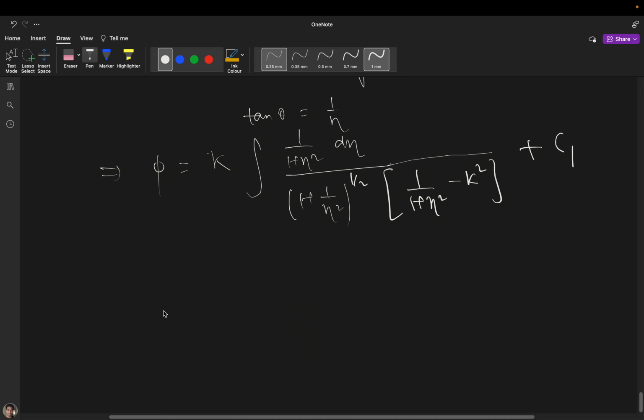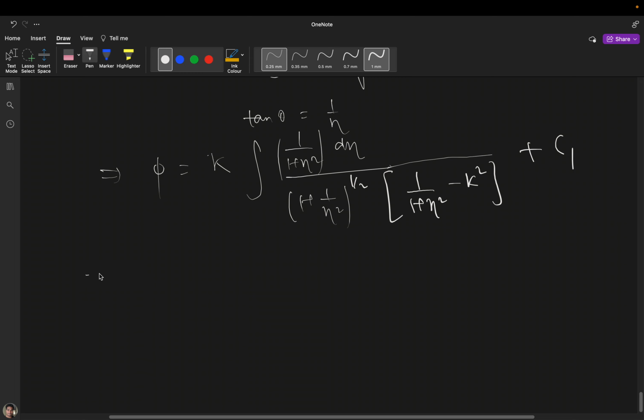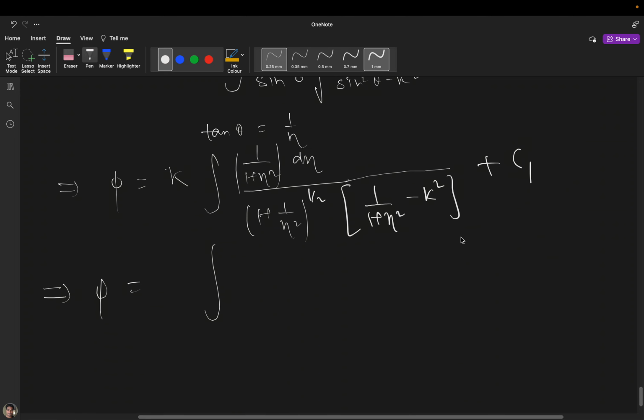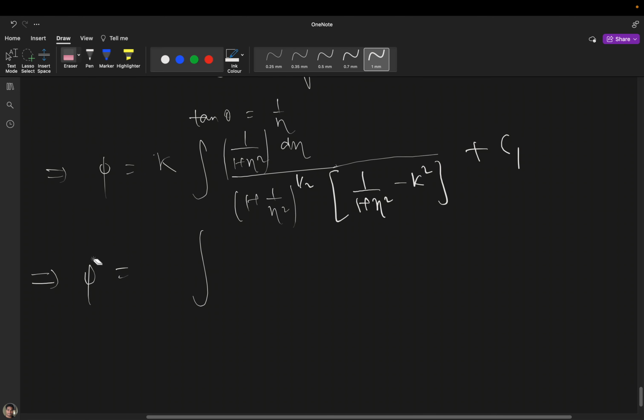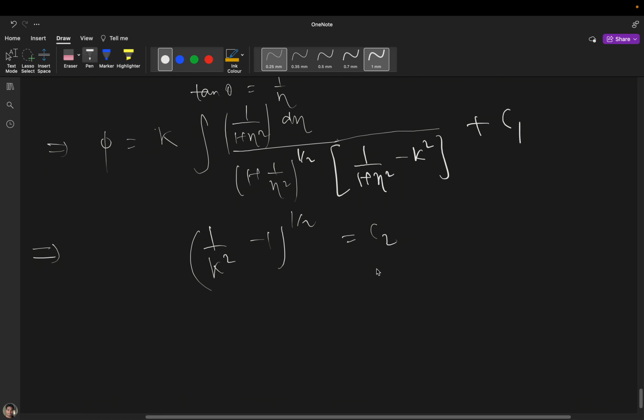Now you can see that there is a repetition of 1 divided by 1 plus eta square. So I can write phi equal to, here when you substitute, 1 by k square minus 1 raised to the power 1 by 2 as c2.